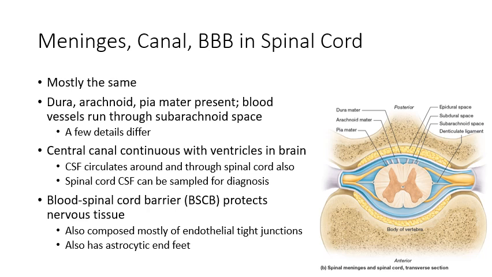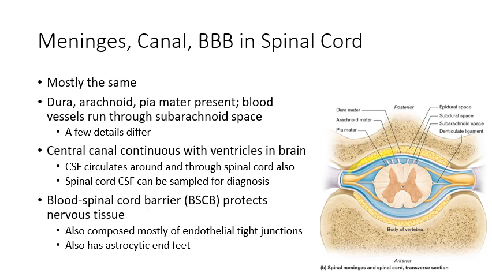Okay, so all of the protective features that the brain has to keep it safe, the spinal cord has as well, and they're mostly just the same. So it's also surrounded by three meninges: the dura mater, the arachnoid mater, and the pia mater. In this image here, the dura mater is the outmost layer.